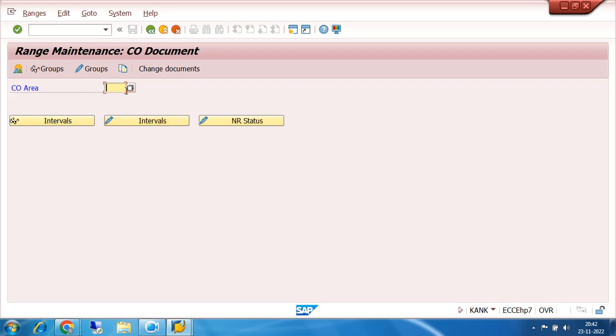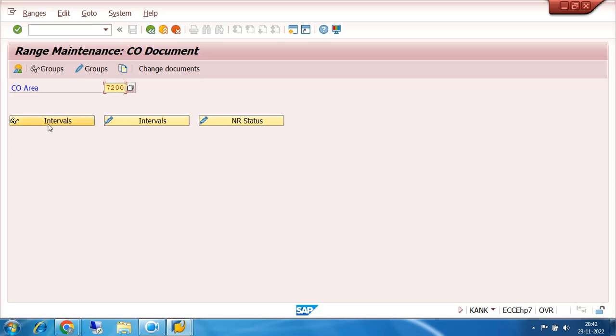Normally we don't create a number range afresh in cost accounting, but we copy a number range from a previous standard company code. So let us see, this is the copy object. I have already demonstrated how it was there.